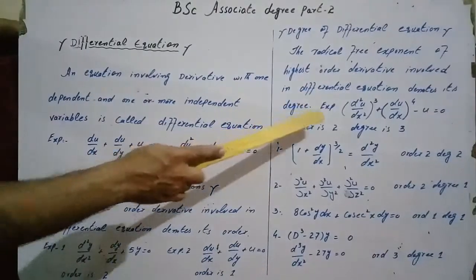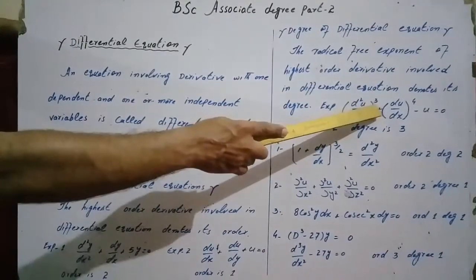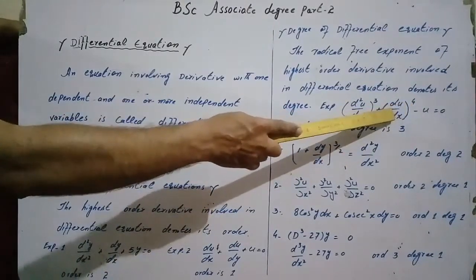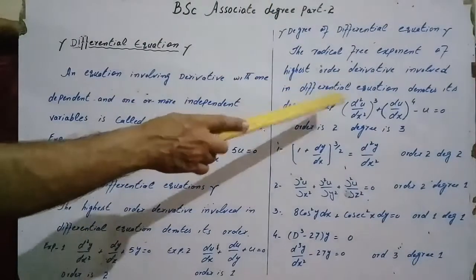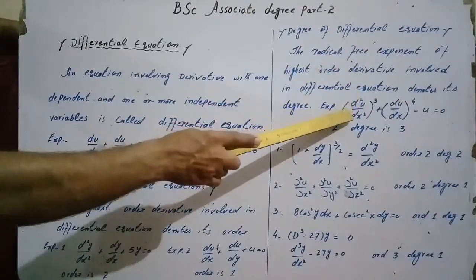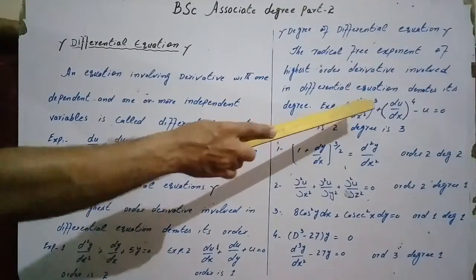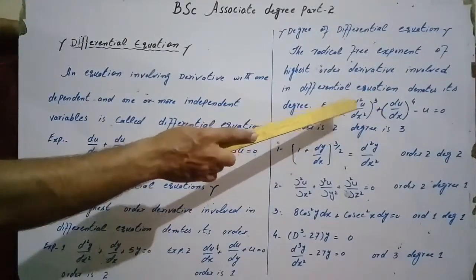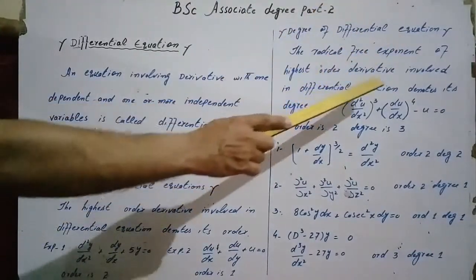Here the highest order is second order. The exponent of that second order derivative here is 3, here is 4, but that one is first order. We have to observe the exponent of the highest order derivative, that will be the degree of differential equation. Here the second order derivative has exponent 3, so the degree of this differential equation is 3, because the definition is radical free exponent of highest order derivative.